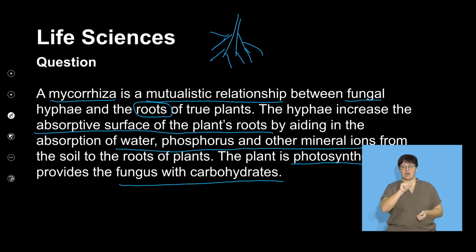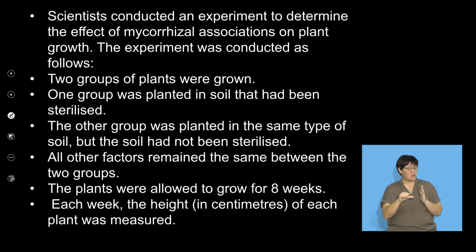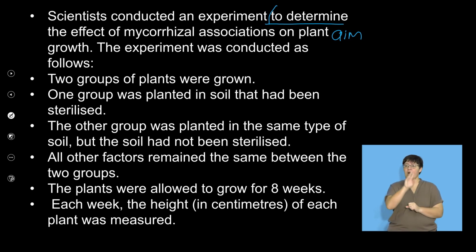Guys, really important, read it carefully. A lot of the information you need is going to be here. Okay, let's set up the experiment. The scientists conduct an experiment to determine, as soon as you see to determine, that is the aim of the experiment, the effects of mycorrhizal associations on plant growth.